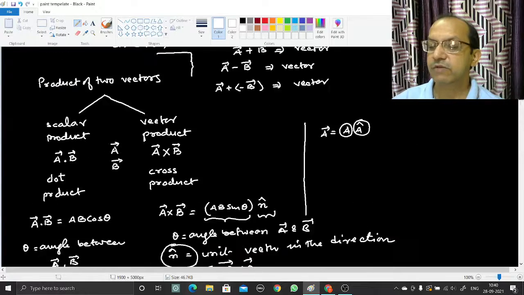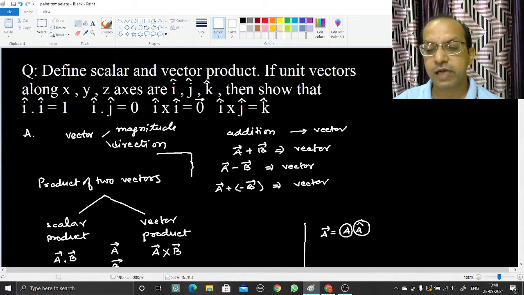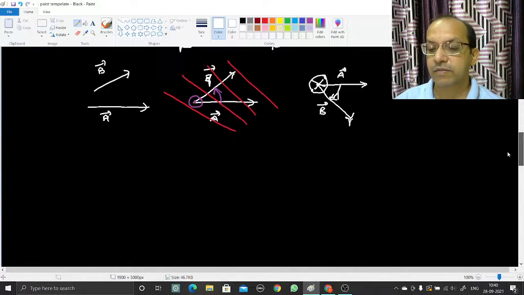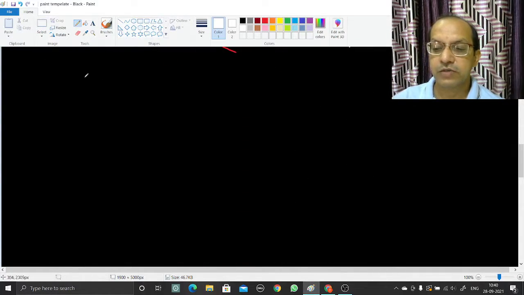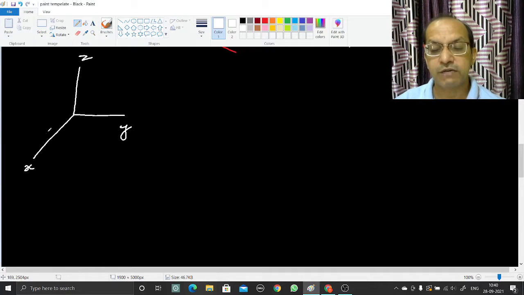Now the next part of the question is we have to prove i dot i, i dot j, i dot k, and i cross i. To understand this, we will take the rectangular coordinate system, and the three axes are x, y, and z. The three unit vectors along the x-axis are i cap, this is j cap, and this is k cap.